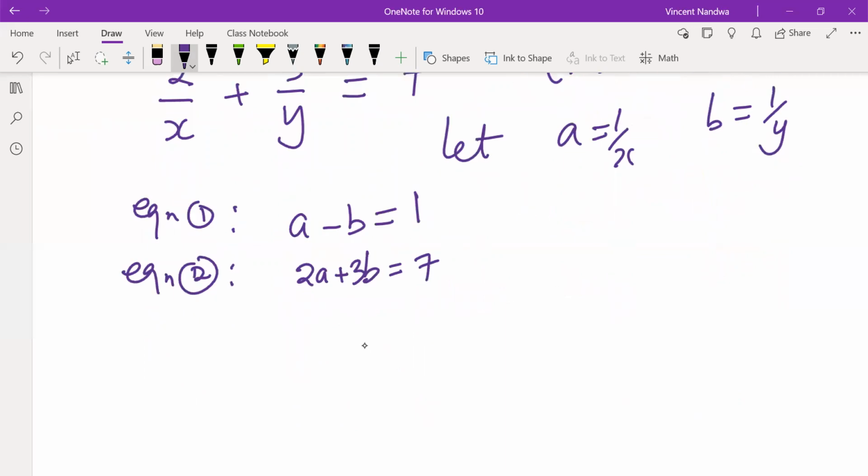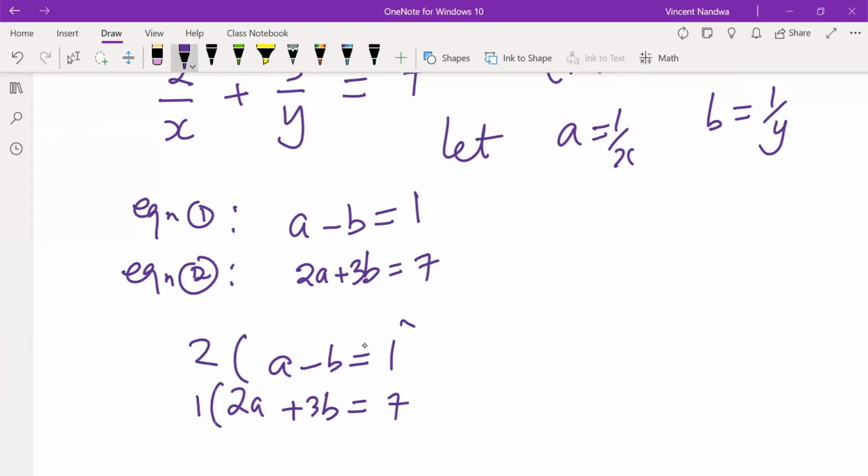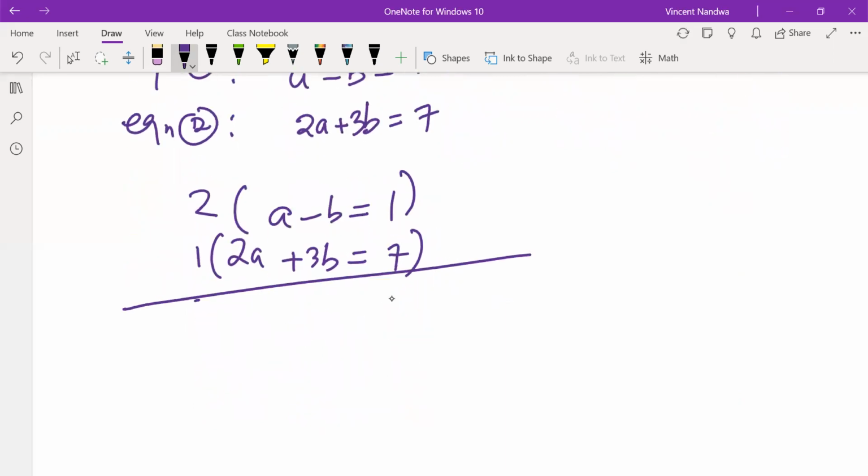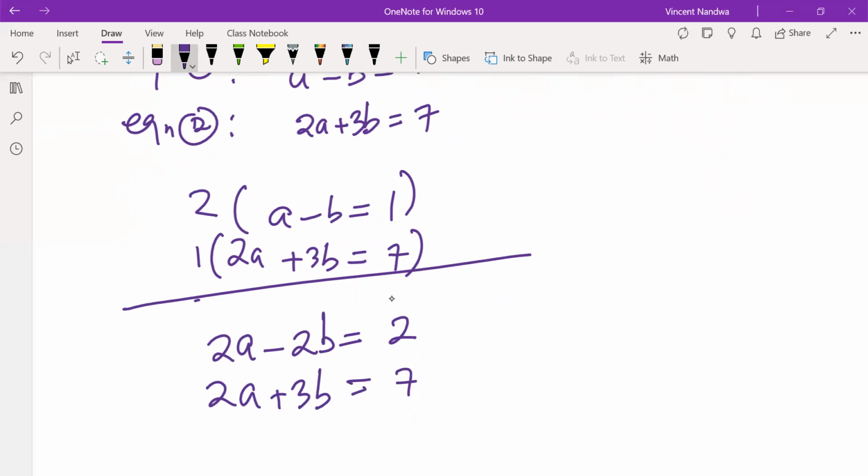So we say A minus B equals 1, 2A plus 3B equals 7. So equation 1 multiplied by 2, equation 2 multiplied by 1, so that this will give us 2A minus 2B equals 2, 2A plus 3B equals 7, and then subtract.